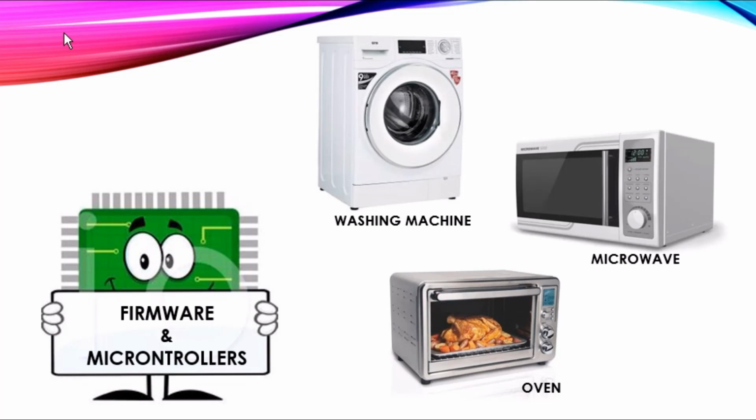In its application, the ROM chips are not only used as firmware and microcontrollers in computers, but are also used in other electronic items, such as washing machines, microwaves, and ovens.